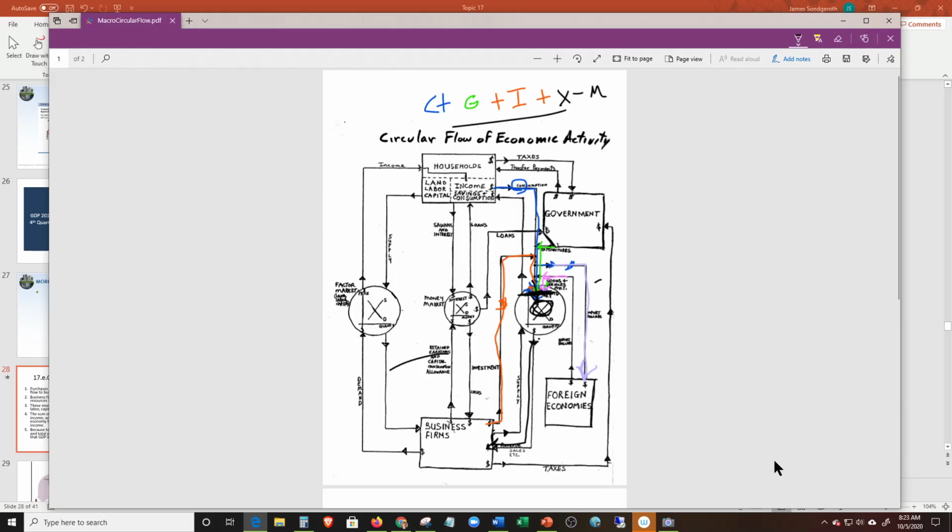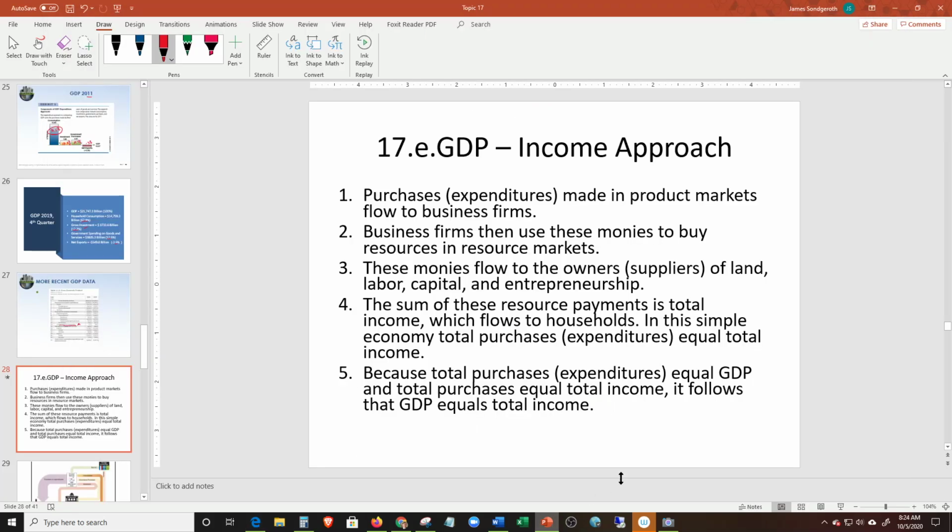And once again, most of the money then flows up here to rent land, to hire labor, and as a return to the people who use capital. In other words, if they're using people's capital, you have to pay for that use. And so it flows up here and then gets sent to the households in the form of wages and salaries, rent, interest, and then profit of the business firms themselves, okay?